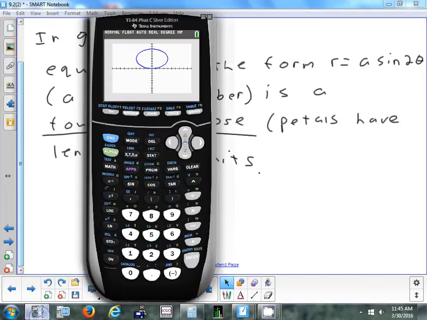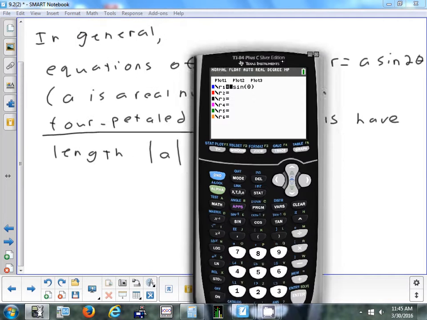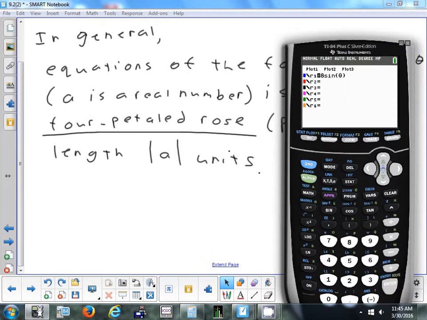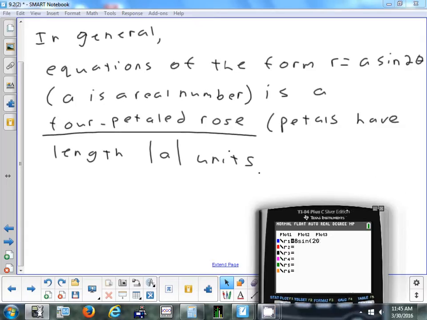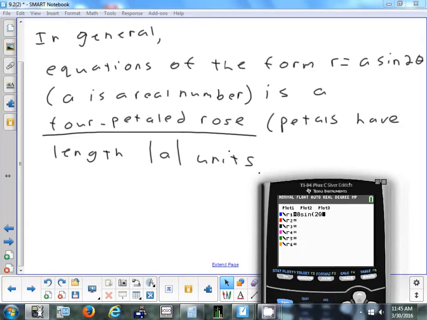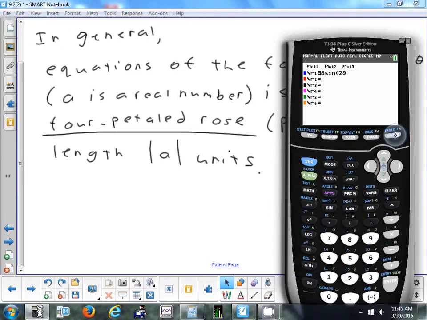Now, we used sine for these. What do you think would happen if I use cosine? It's going to rotate it how many degrees, you think? Well, let's try it. Instead of typing in sine, I'm going to change it to cosine. There's our 4 petals.